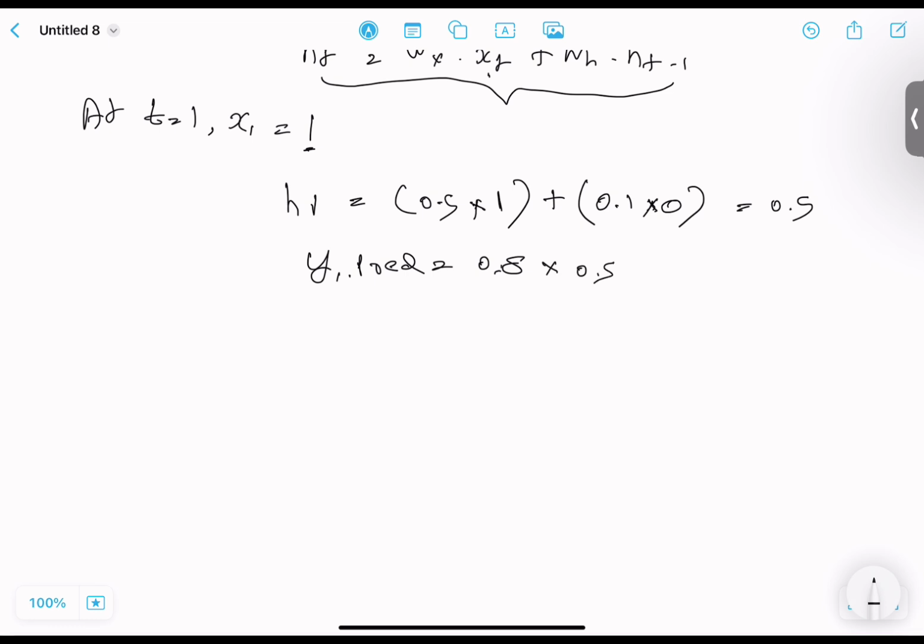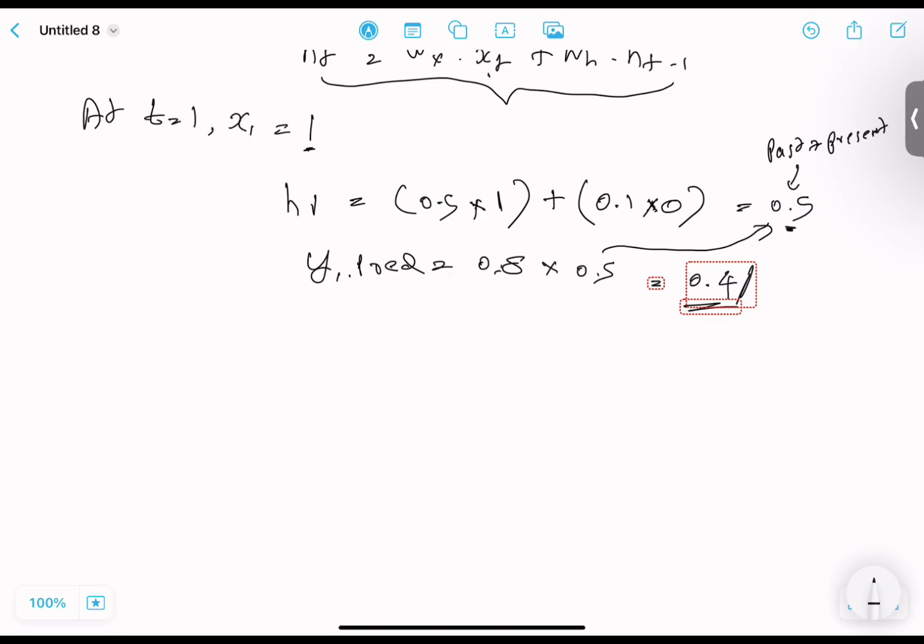Remember, this is not a weight. This is some kind of value which represents the past plus present data. We multiply it and we get an output which is 0.4. So at the first pass our prediction is 0.4.